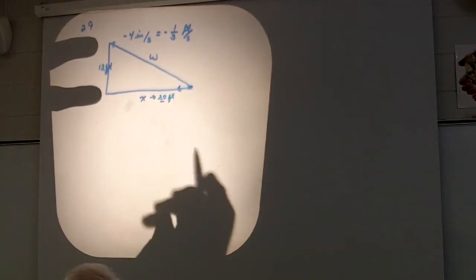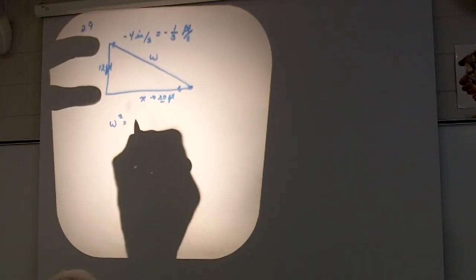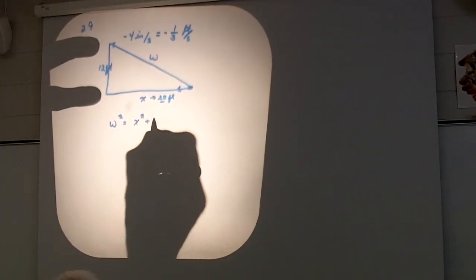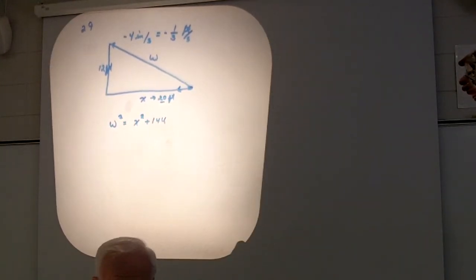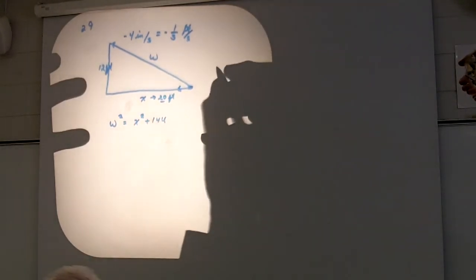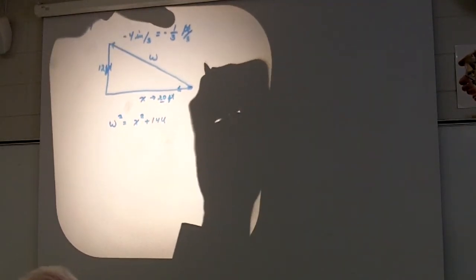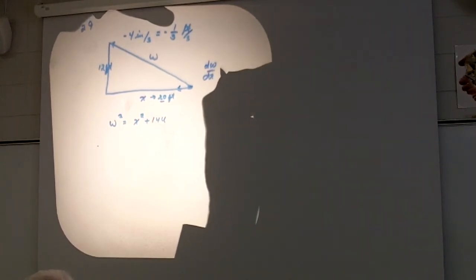Okay. So we get here W squared equals X squared plus 144. It's almost like the same problem we just did. And now, I do know that this here is dW/dt. Put those kind of notes here.